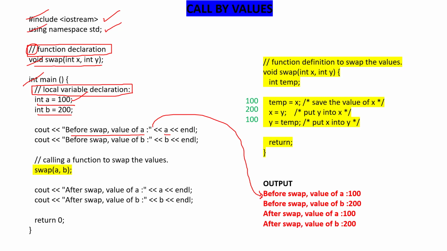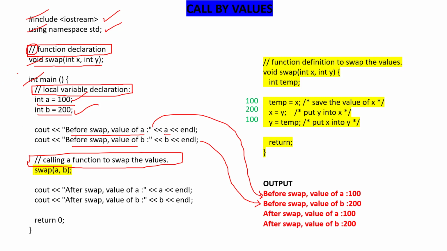Very clear. Next is before swap value of b. B is 200. Next, this won't be read by the compiler as it is in the double forward slashes. Swap(a, b). So we have swap(a, b).